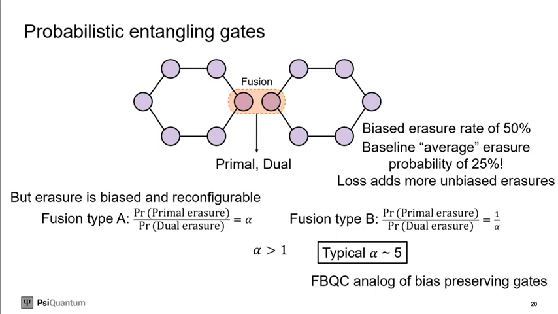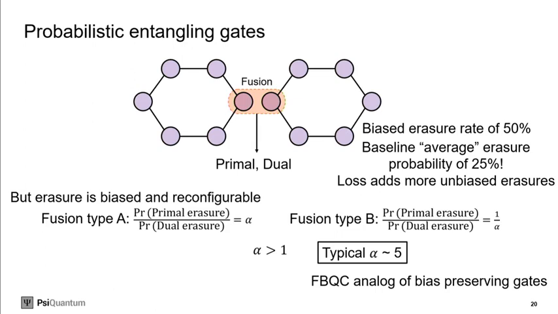So basically, if I perform a fusion type A, I can protect my dual and I risk my primal. Instead, if I perform a fusion type B, I'll have a lot more dual erasure and my primal is protected. So depending on what I want to protect, I can perform either a fusion type A or a fusion type B. Alpha is some constant greater than 1, but a typical value of alpha for us is around 5. That's the sort of bias we see in our operations.